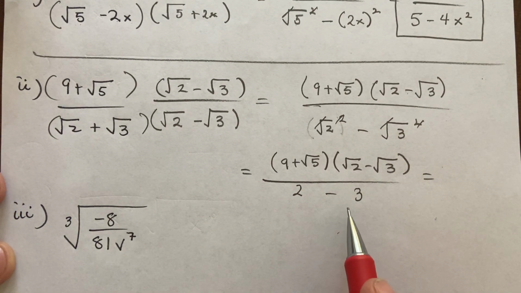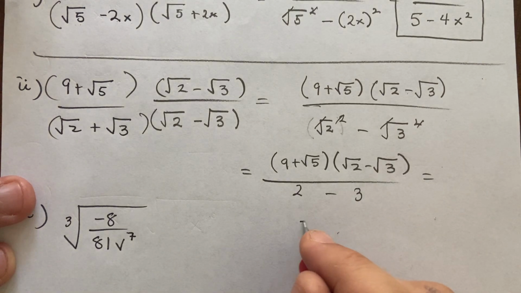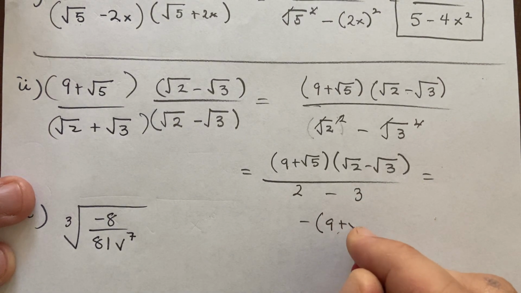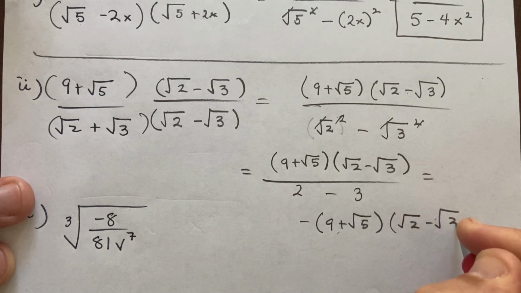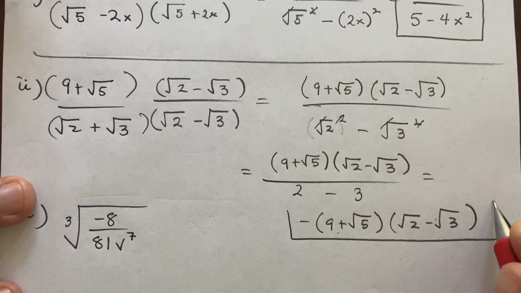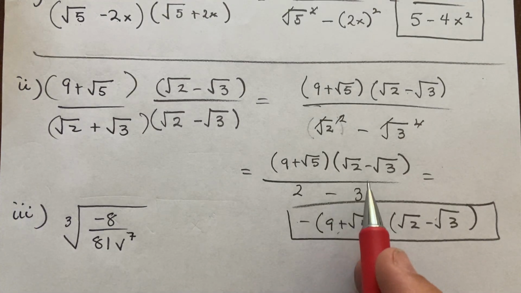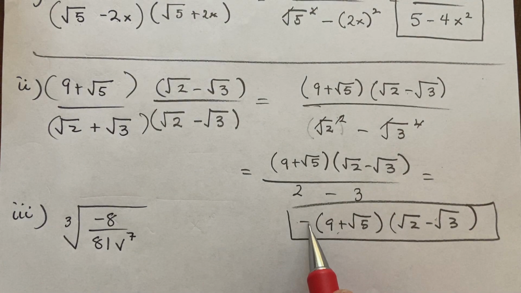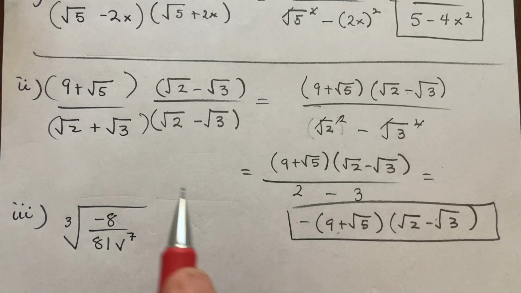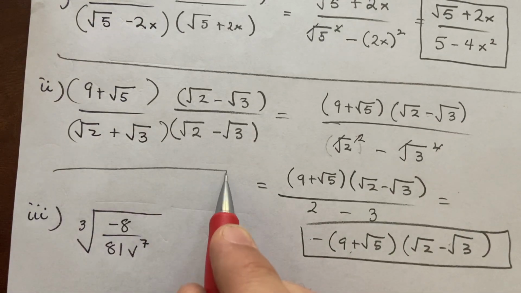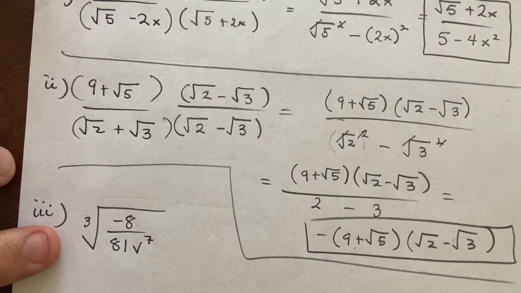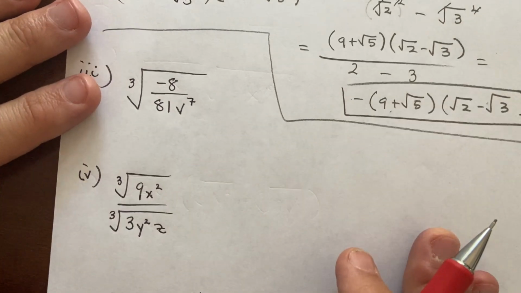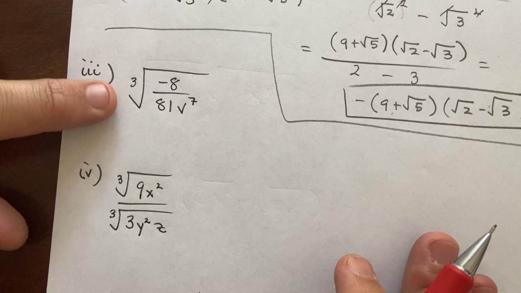In other words, negative 1 on bottom, I can just think of this as negative 9 plus root 5 times root 2 minus root 3. Dividing by negative 1 is the same as multiplying by negative 1. Okay, so running out of room, but we'll just keep going.